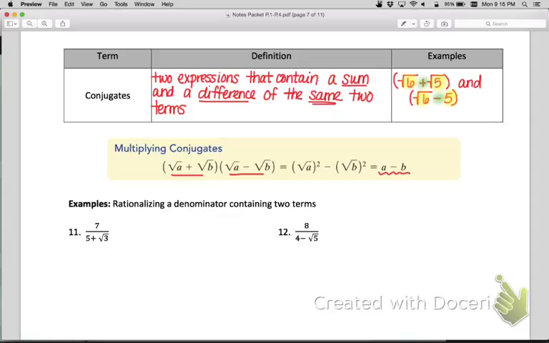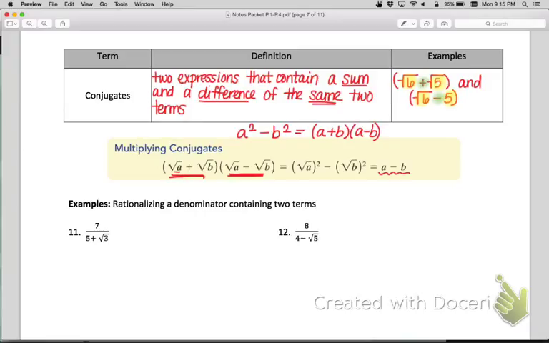If you remember back to when we were multiplying and factoring polynomials in Algebra 2, the difference of squares said if I have a squared minus b squared, that factors to a plus b and a minus b. Well, that's exactly where this multiplication pattern for conjugates comes from. It's just the difference of two squares.